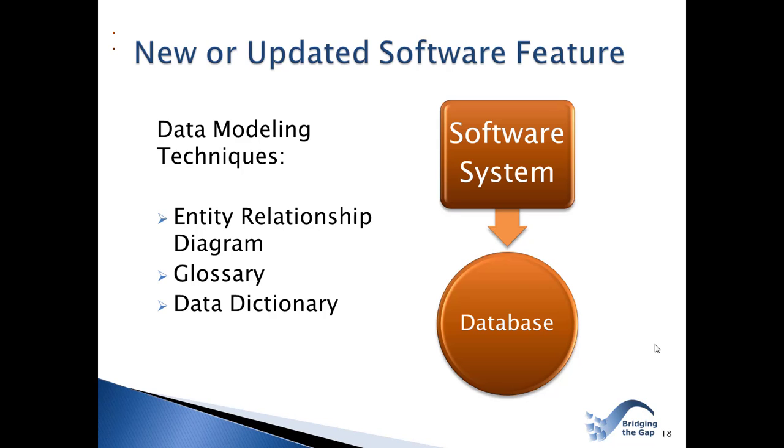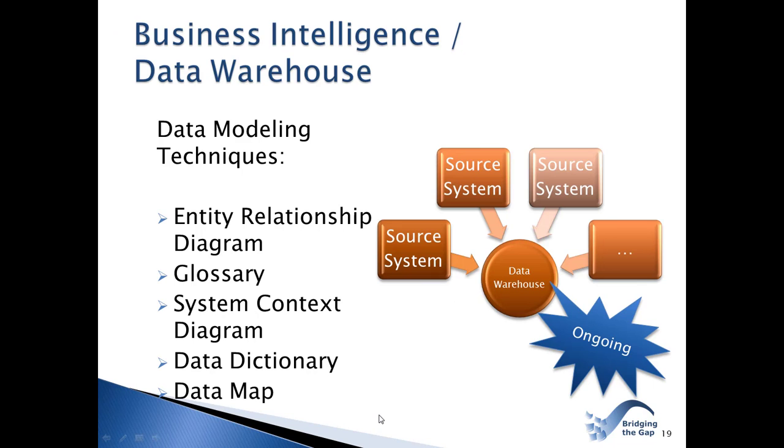Okay, so now that we've seen how data modeling applies even on smaller projects, let's turn our attention to the mega of data projects, the data warehousing or business intelligence project. And these projects are specialized versions of system integration projects.